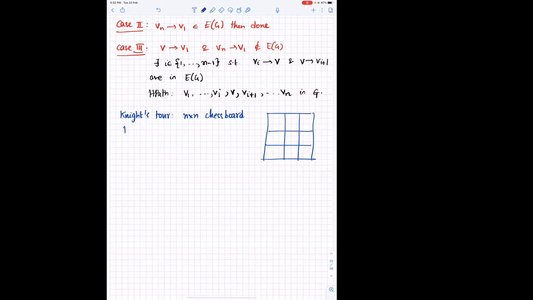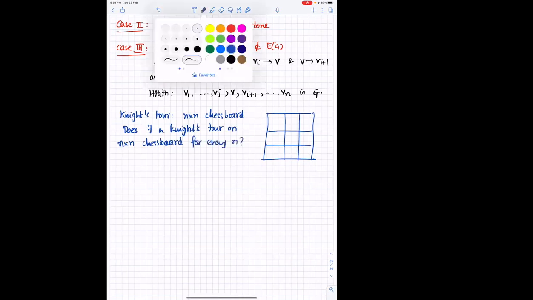So now the question is, does there exist a knight's tour on an n cross n chessboard for every n? Like no matter what the dimension of the chessboard is, can you always do this?